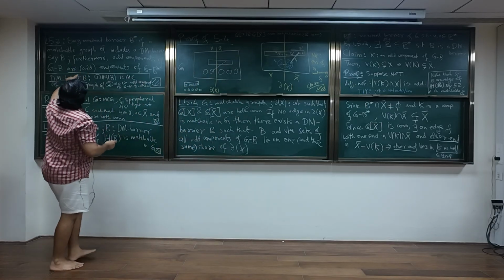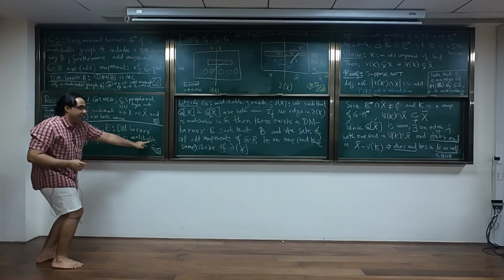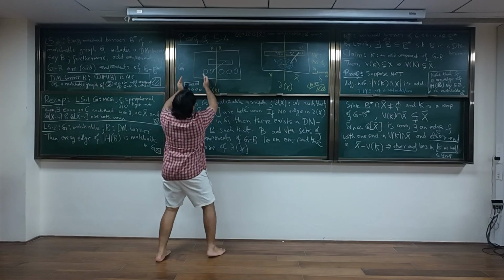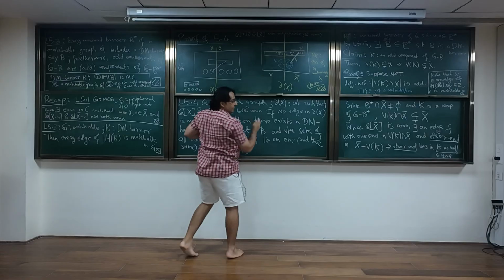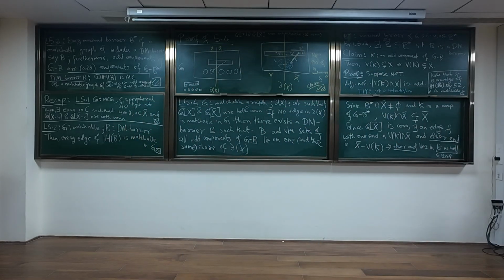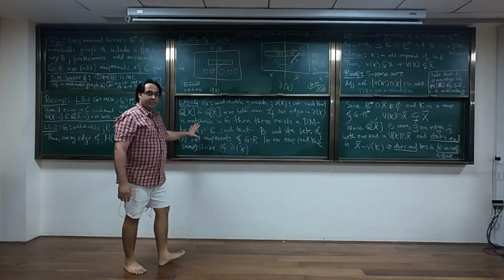But those edges of the core are matchable in G. Therefore, the entire core has to be here or here, which is what we wanted to prove. So once we prove that the odd components are contained inside X or inside X bar, the rest just follows. So therefore we are done with Lemma 5.4.